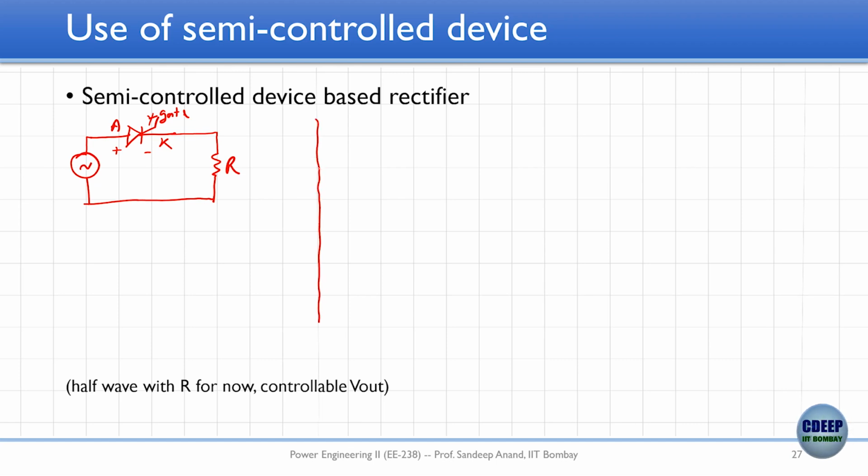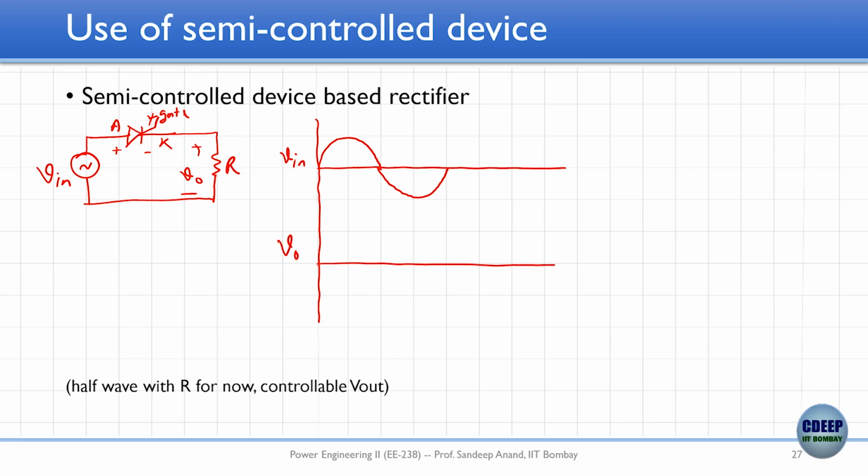Let us look at this circuit. So, you have an input voltage, same exercise, we want to draw the output voltage. Ideally, if this would have been a diode, the output voltage would have looked something like this, right?